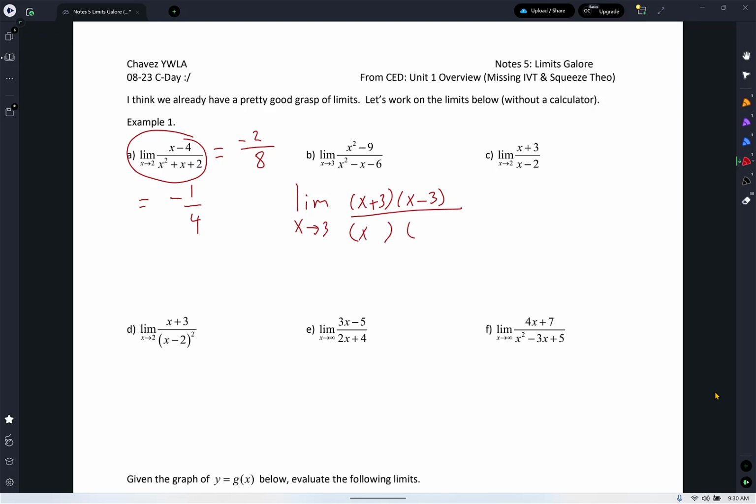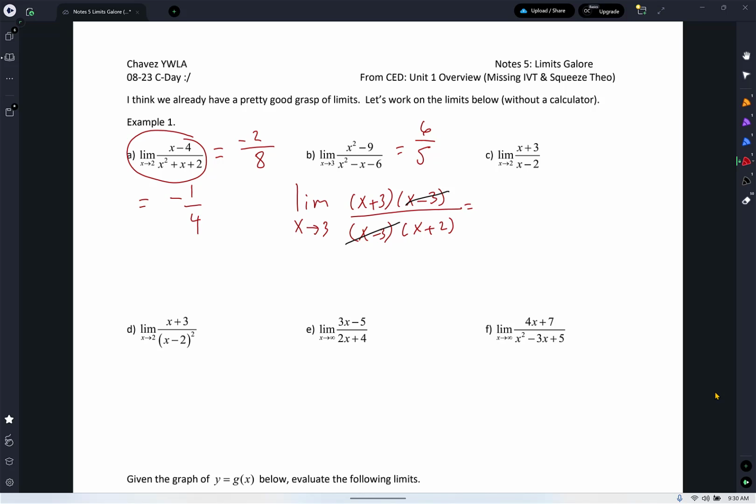Yep. x minus 3, x plus 2. What cancels out? The x minus 3s. Now can I do direct substitution? Yes. So what's 3 plus 3? What's 3 plus 2? There it is, 6 over 5. How do we feel?